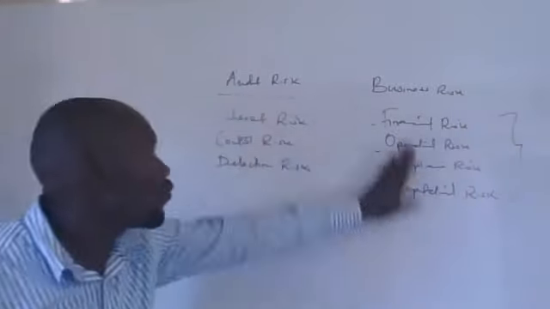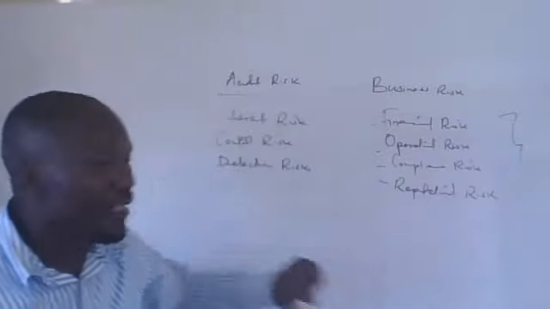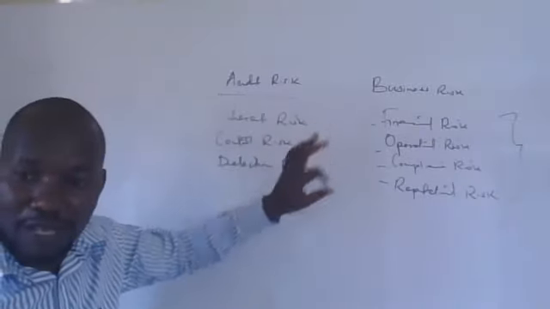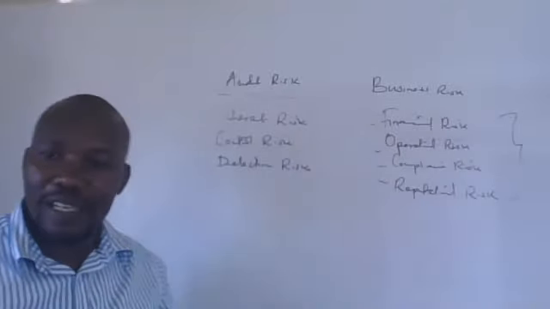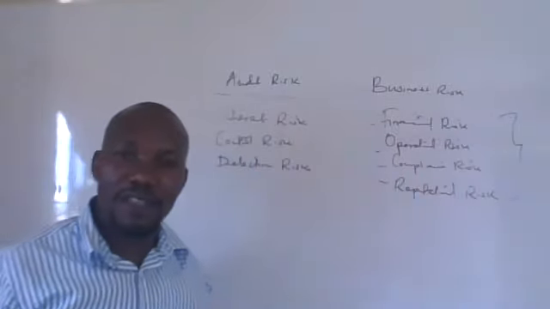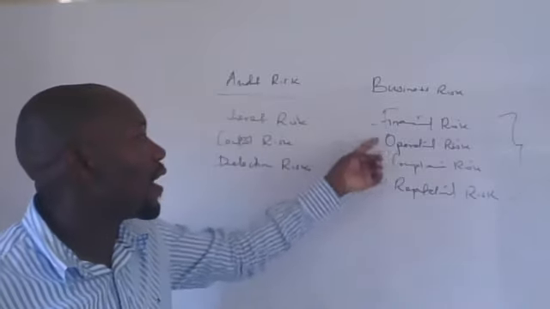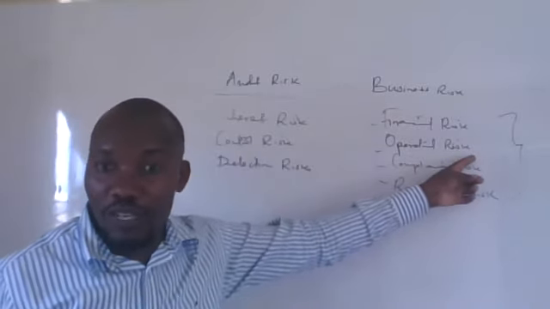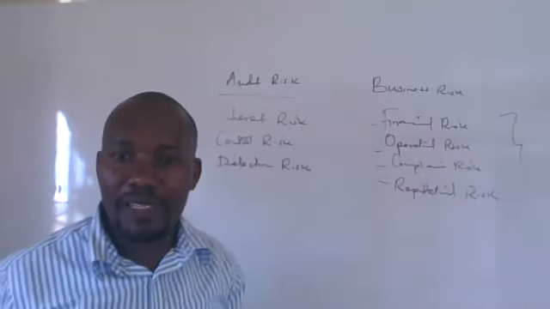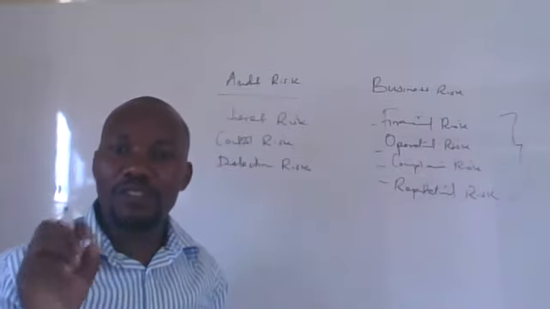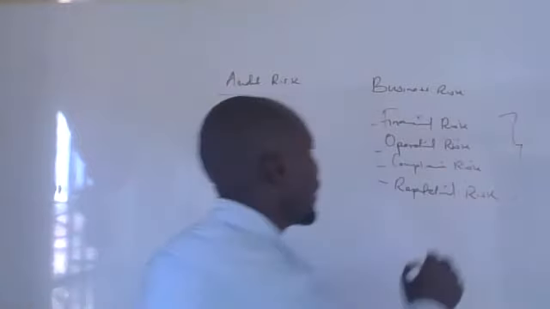This is for the business too. The business will lose money, maybe through fraud, that is financial risk or financial loss. Operational, where the operation has been affected, like COVID-19 affected the operations, that is operational risk. And this one can always be controlled or managed by a good business plan. We call it the business continuity plan, BCP.